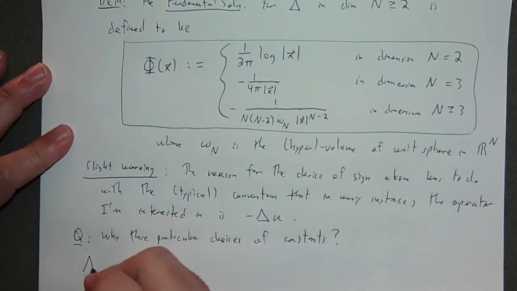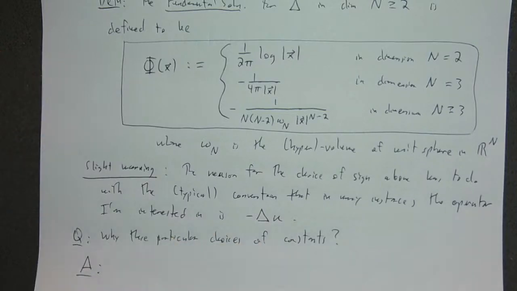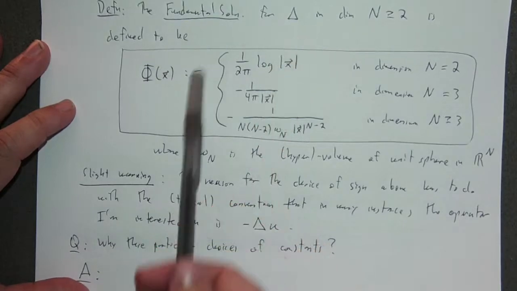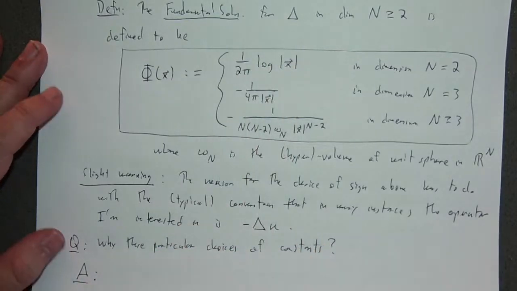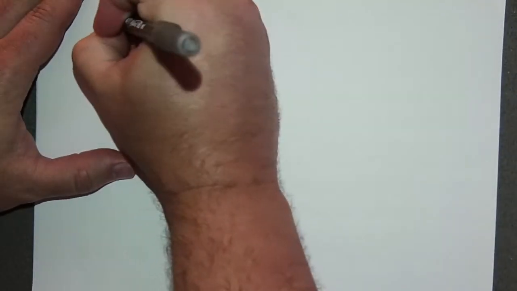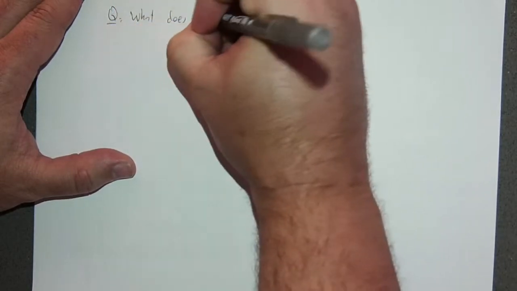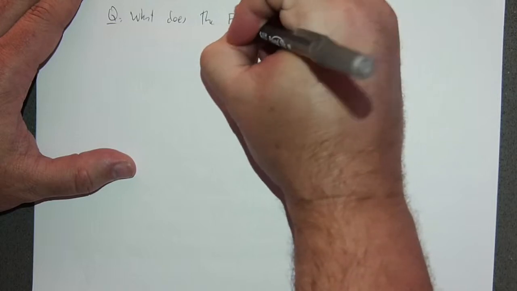But before I write down the answer, let's first ask ourselves, what is this a fundamental solution of? What is this doing? So maybe I'll move on for a second, and I'll come back to that question. So question, what does the fundamental solution do?